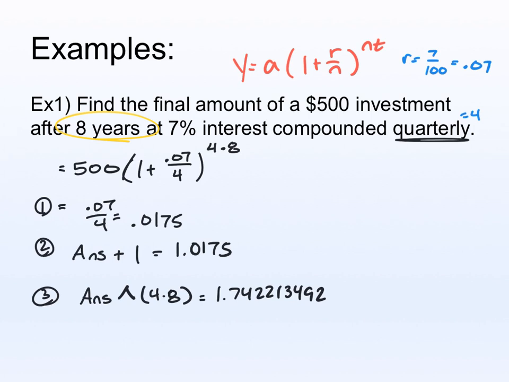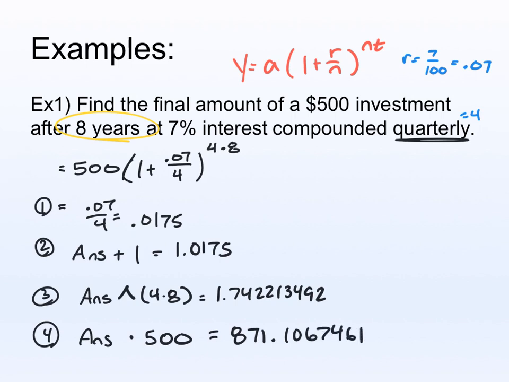Okay. All right. Now, at this point, I'm going to take that answer and just go times. So step 4, it says again answer, and then I'm going to go times 500. Okay. And once that, it gives me out my final answer, which was 871.1067461. And that is what it would be.